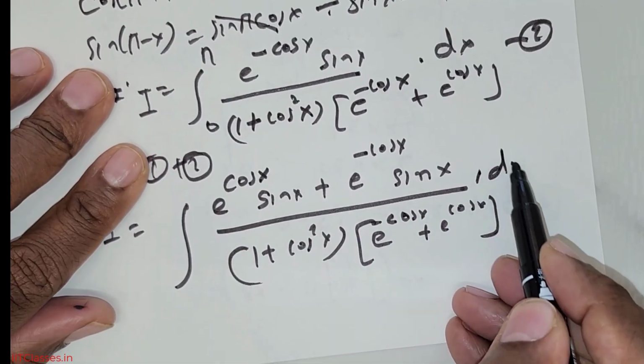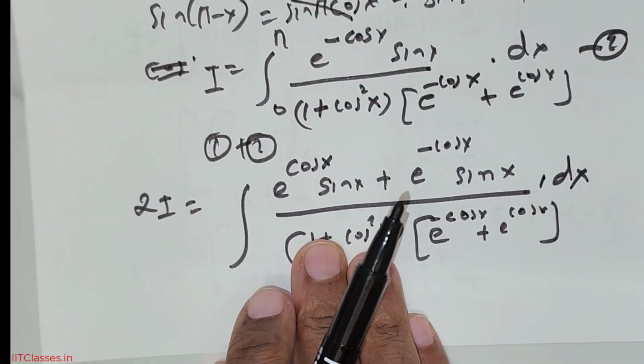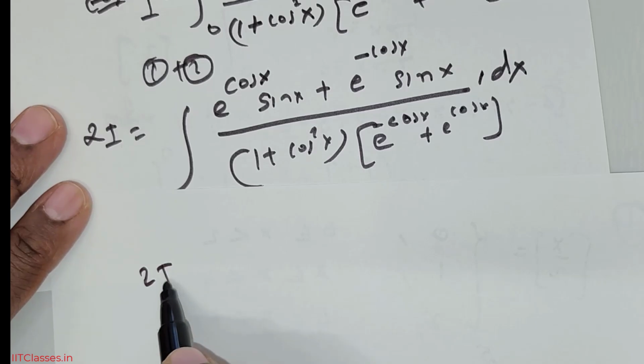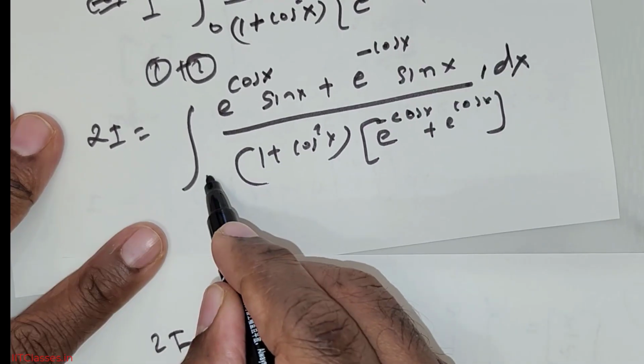Now I can take sin x out, right? So this is 2I, of course the limits are 0 to pi.